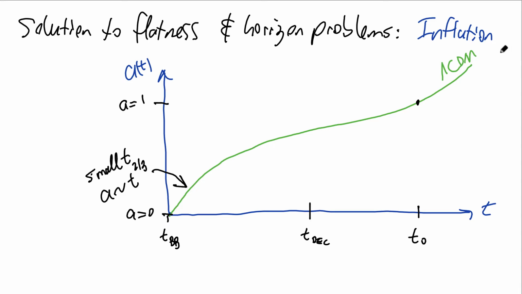So the idea behind inflation is that the universe underwent a brief period of very rapid expansion shortly after the Big Bang. So let's say the brief period is here. Then this curve is modified to look something like this. So now it begins this period of inflation, and it grows very rapidly, and then continues with the current model we see today.